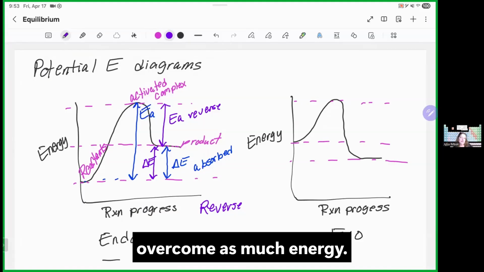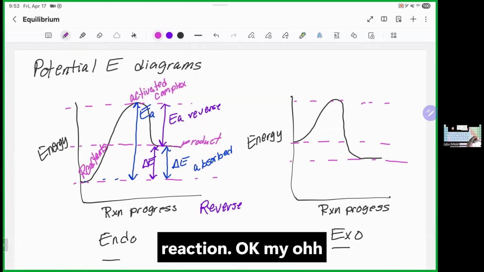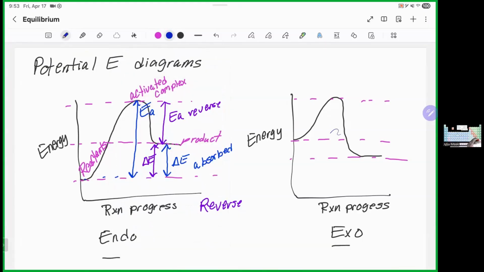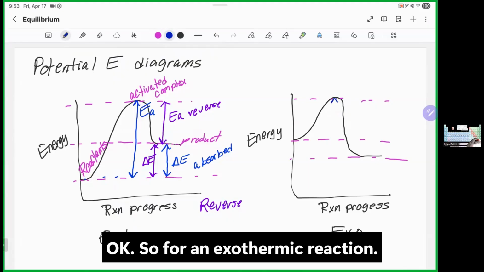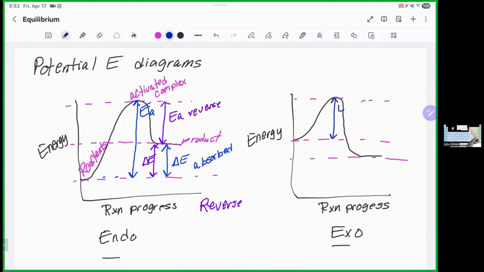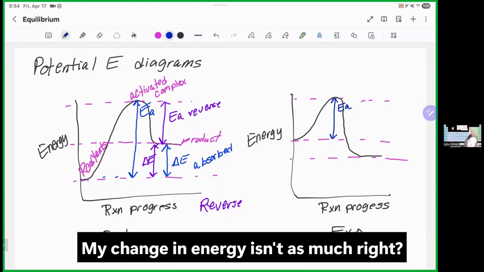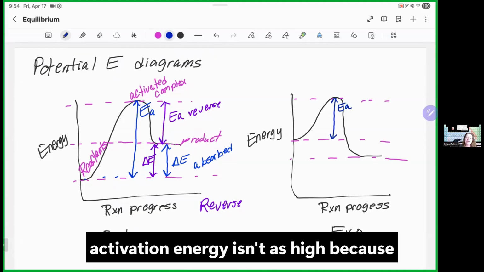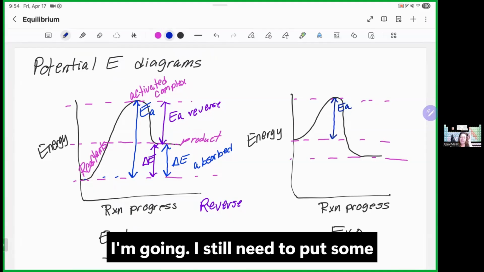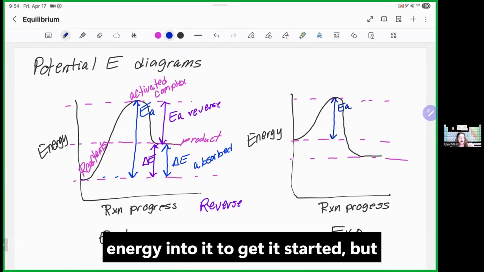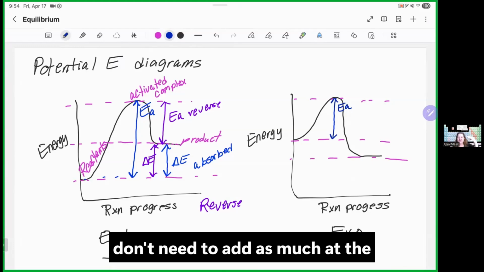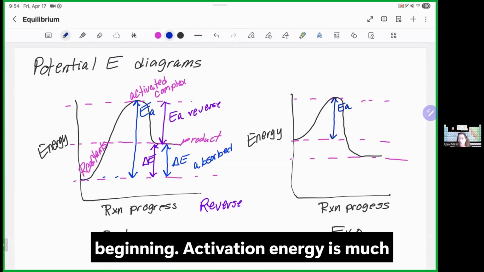Okay, so for an exothermic reaction, okay, let me go back to blue. Okay, so for an exothermic reaction, my change in energy isn't as much, right? My activation energy isn't as high because I still need to put some energy into it to get it started, but because it's going to release energy, I don't need to add as much at the beginning. Your activation energy is much smaller.